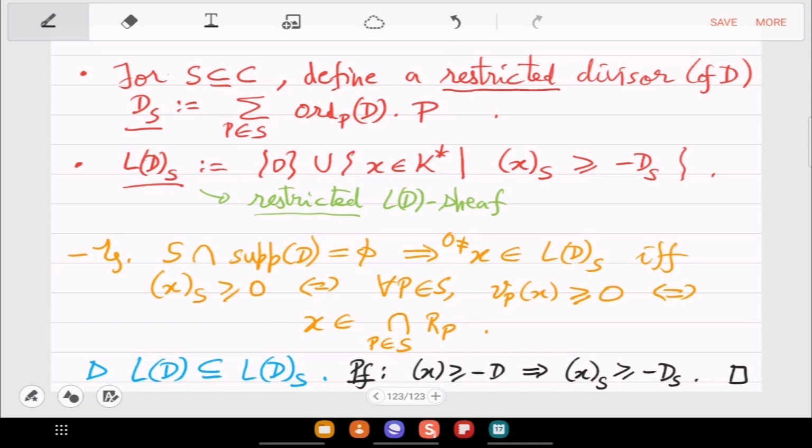But as you can see in some examples, LDS will be bigger. So although I'm saying it to be a restricted LD sheaf, in terms of size, it's actually bigger.